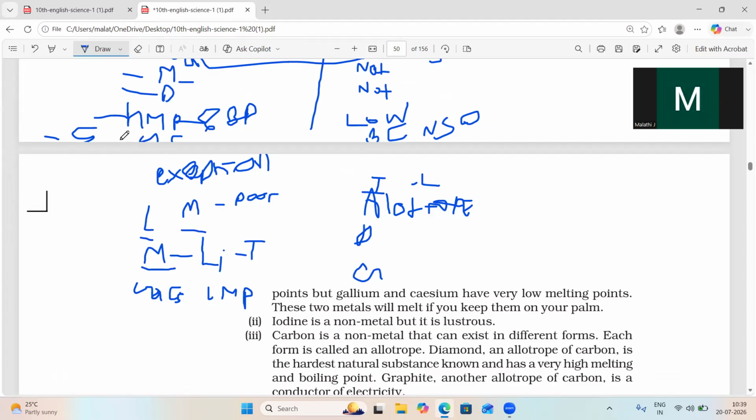As we know, metals are good conductors of electricity, but lead and mercury, though metals, are poor conductors of electricity.